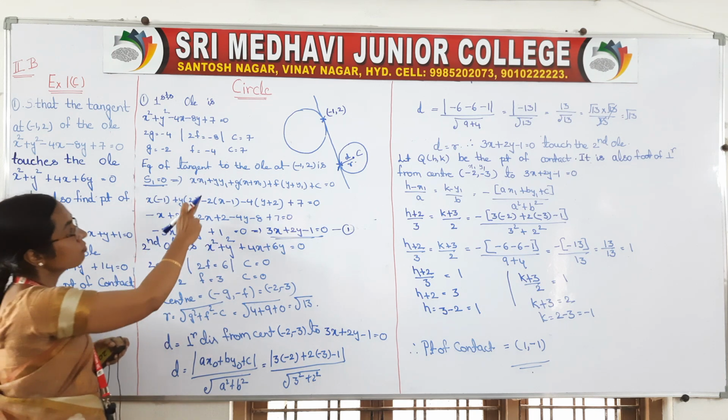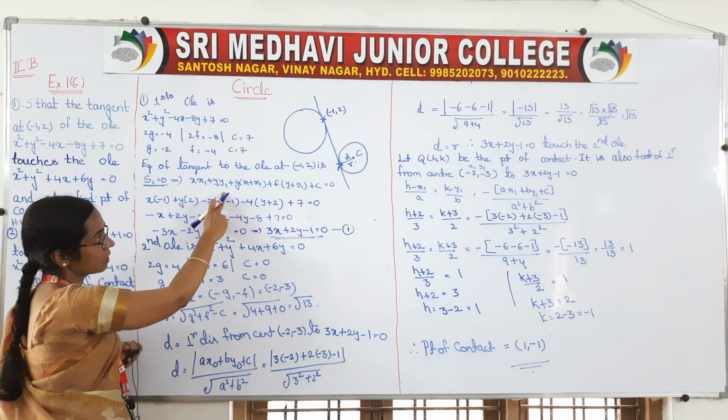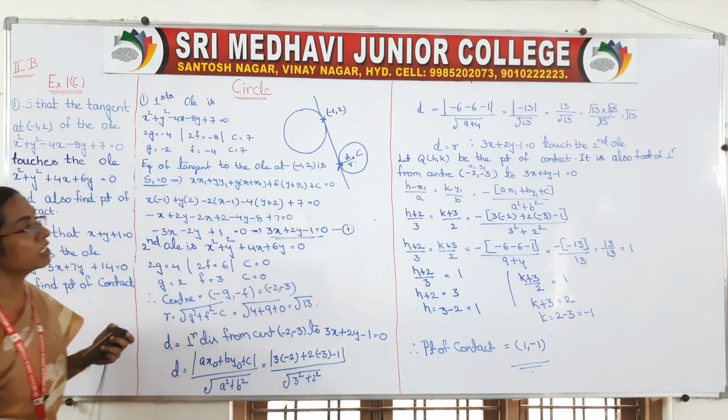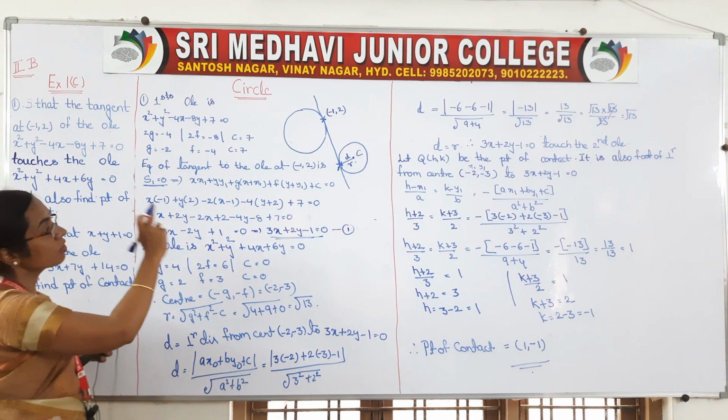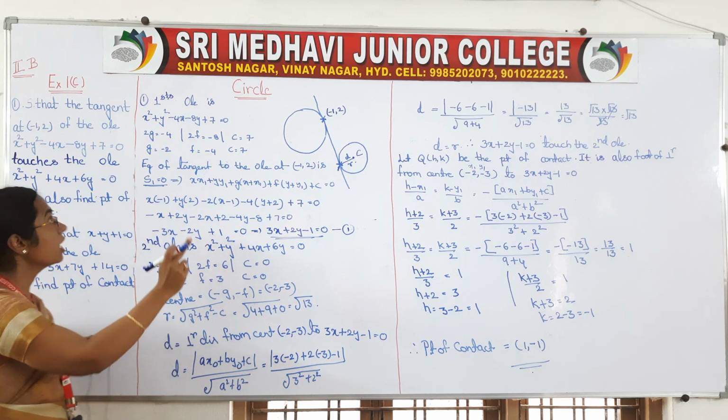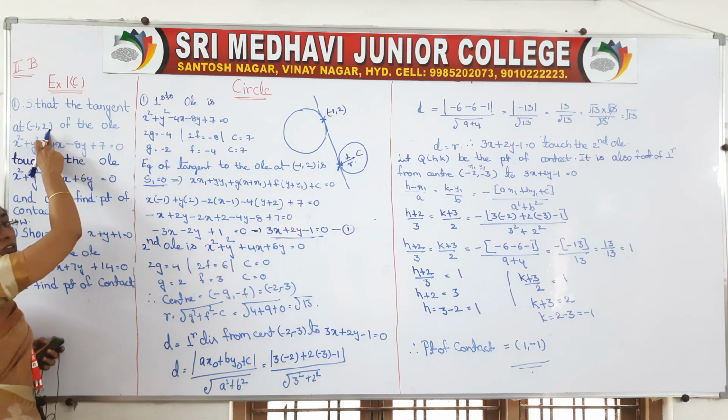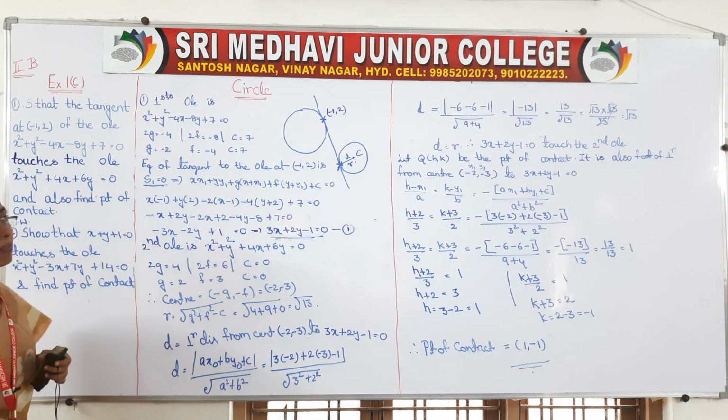What is the formula for S1? xx1 + yy1 + g(x + x1) + f(y + y1) + c = 0. So for that we need g, f, c, and x1, y1 are given in the question only, at the point they mention. So that is our (x1, y1).